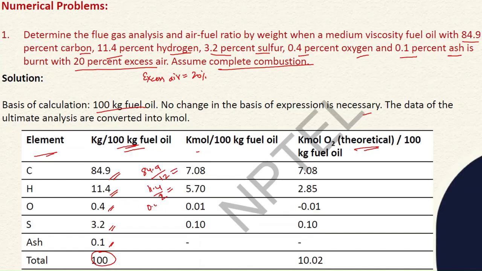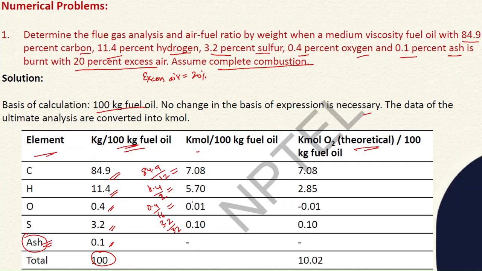Then oxygen, 0.4 by 16 will give 0.01 kilomoles, and 3.2 by 32 will give 0.1 kilomole. Ash is not included in the combustion calculations. So these are the moles present in 100 kg of fuel oil.